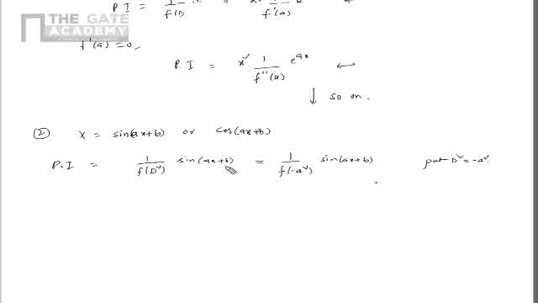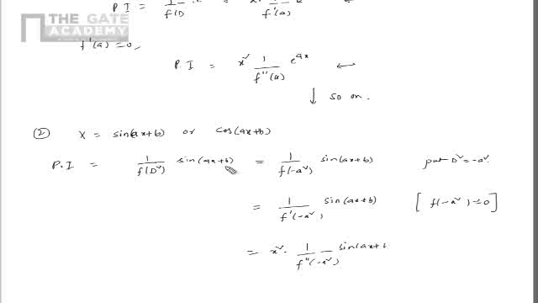Now, if f of minus a square is equal to 0, the particular integral will be x times 1 by f dash of minus a square, into sin(ax+b). And if f dash of minus a square is also 0, it will be x square times 1 by f double dash of minus a square, into sin(ax+b).